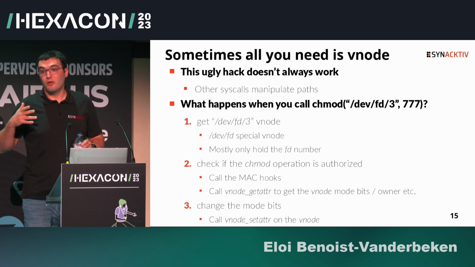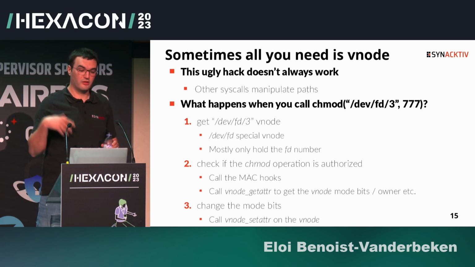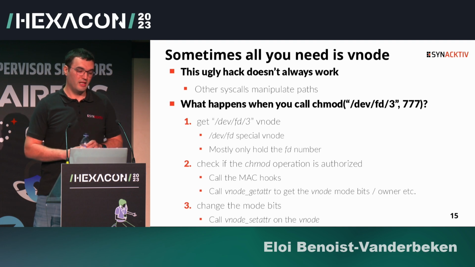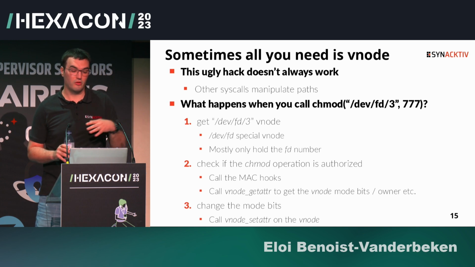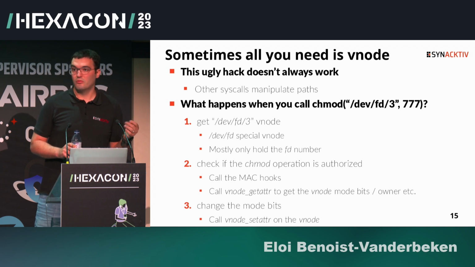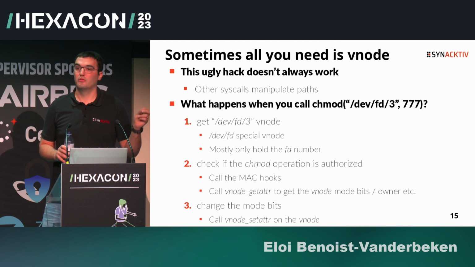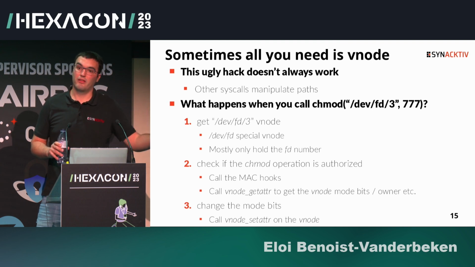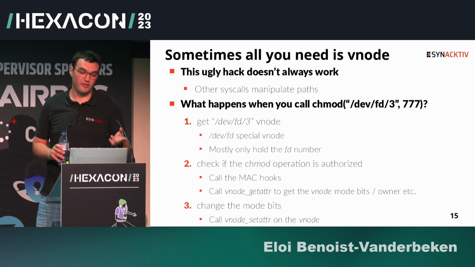As chmod takes a path as an argument, the first thing chmod will do is get the vnode of the path, which is a devfd special vnode, which mostly only holds the FD number. Why is that? Because, as I said earlier, Apple is trying to keep the one path, one vnode rule. So there is no process identifier in the devfd vnode.